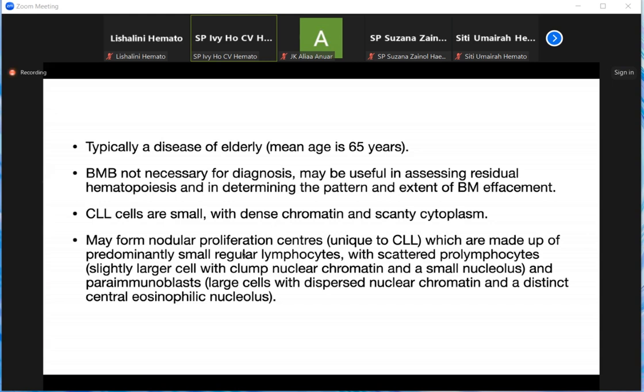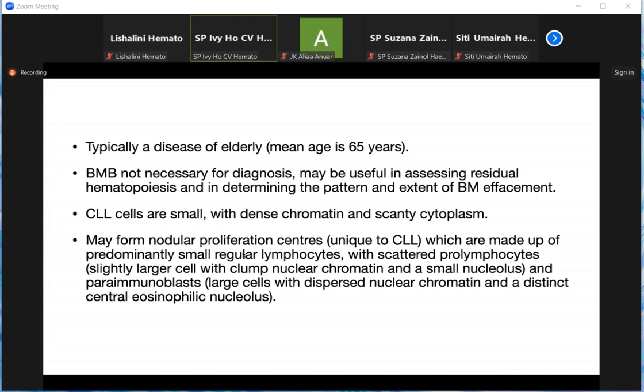The abnormal lymphoma cells may form nodular proliferation centers, which are very unique to CLL. These proliferation centers are made up of small regular lymphocytes, scattered prolymphocytes, which are slightly larger than the lymphocytes, with clumped, very dark chromatin and a small nucleolus, and scattered paraimmunoblasts.